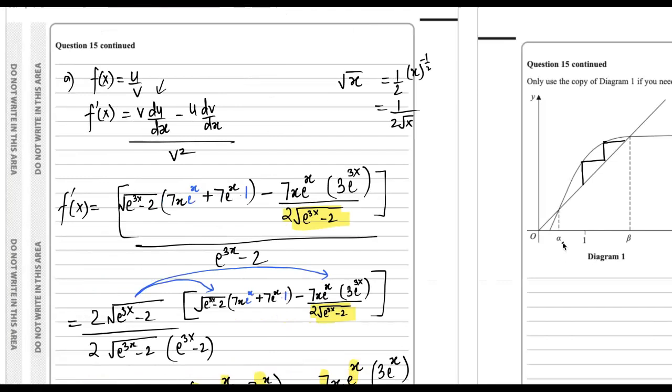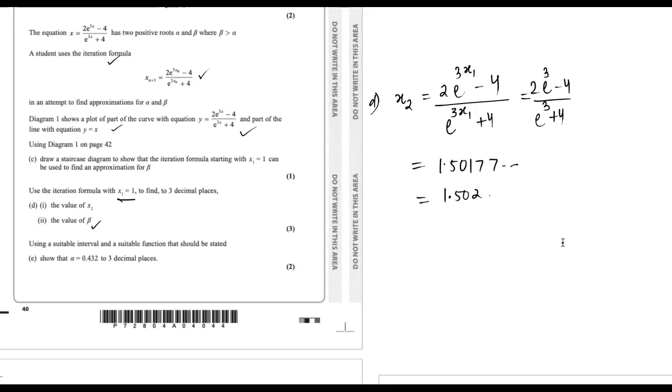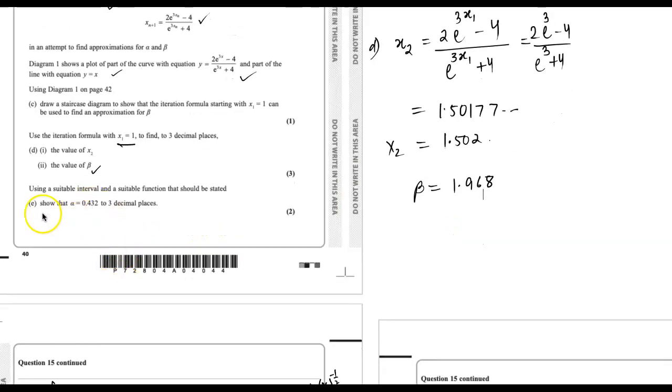So the value of beta is going to be 1.968. Correct.